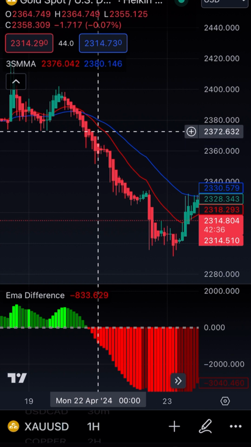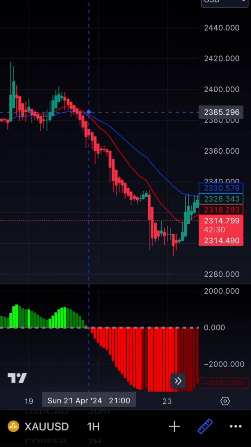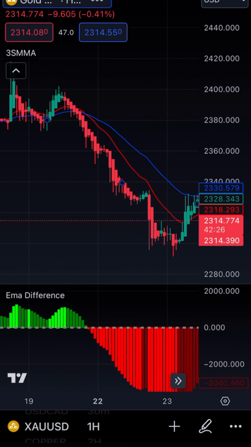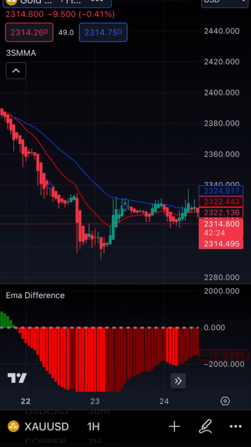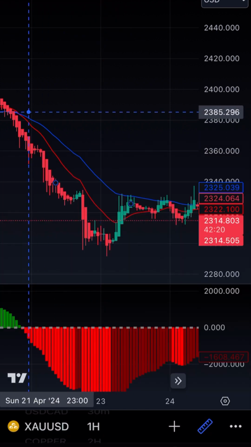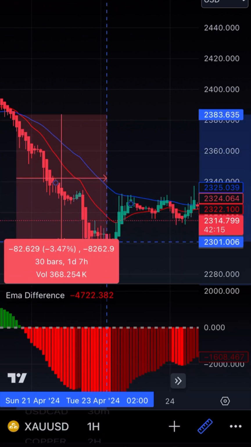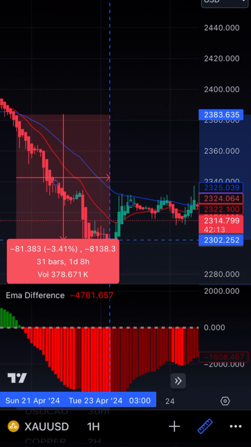Okay, here's one where it happens at the same time. So if you ride this one out from when it crosses, and you want to check your EMA difference, if you rode it out to down here, you basically would have made about an 81,000x.